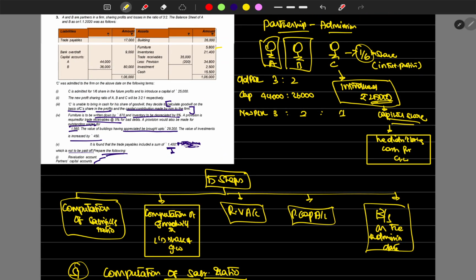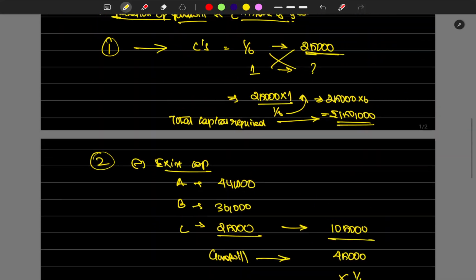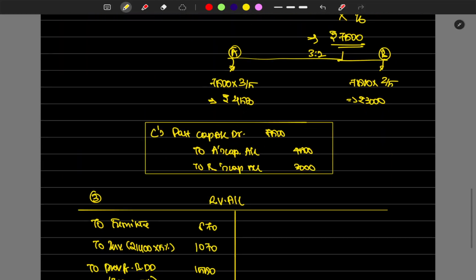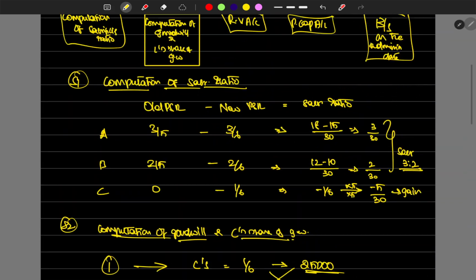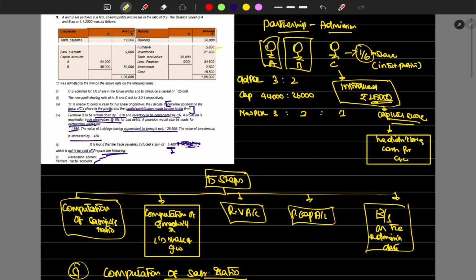Provision made for outstanding wages? 1,560. To outstanding wages 1,560. Okay, done. We have created the provision for outstanding wages also. Then what else?